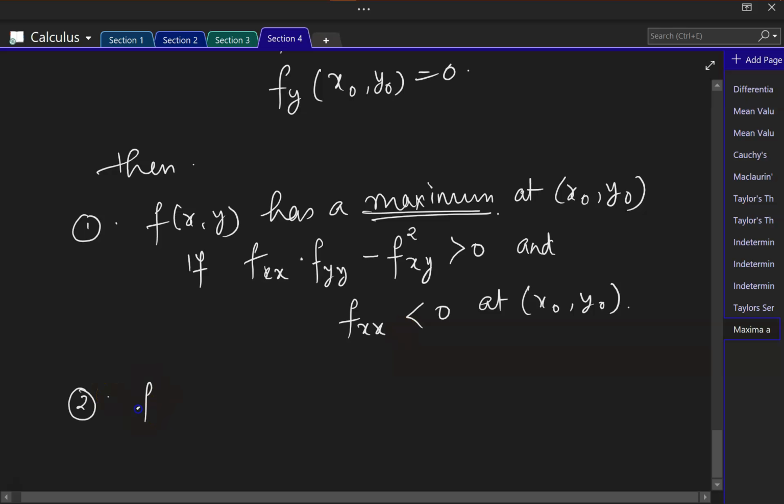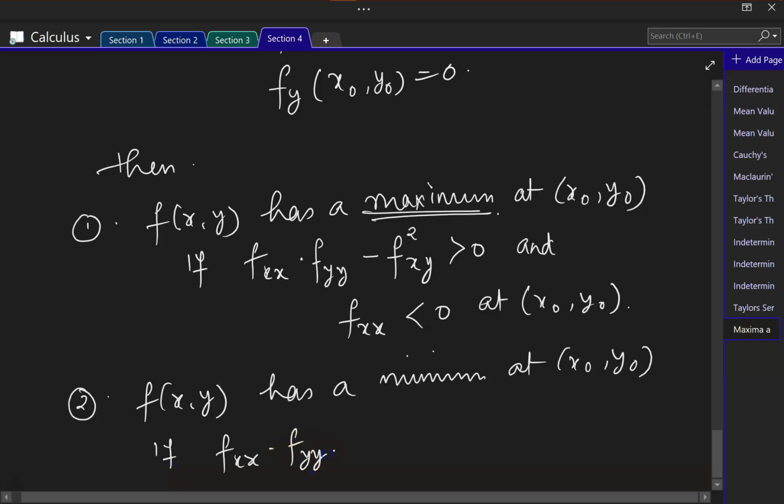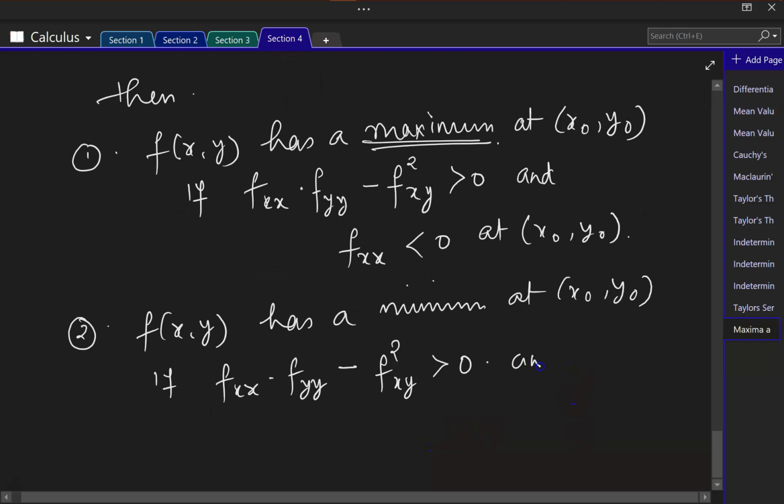Okay, now f of x comma y has a minimum at x naught, y naught if fxx times fyy minus f square xy is greater than 0, and fxx, the second partial derivative with respect to x, is greater than 0 at x naught, y naught.